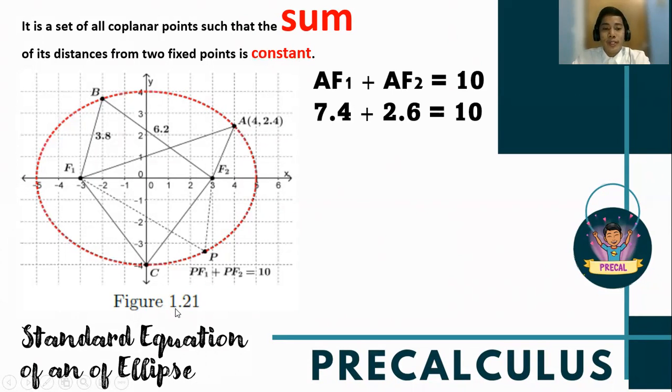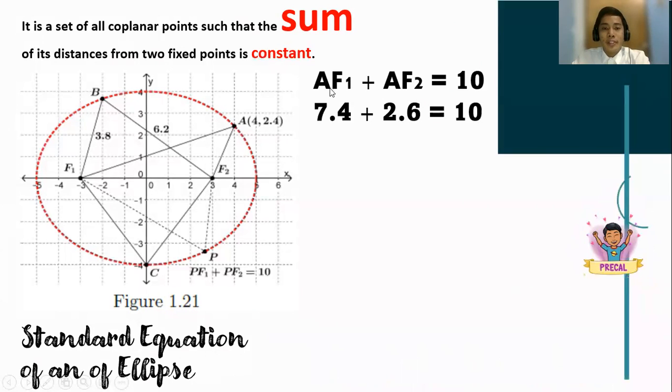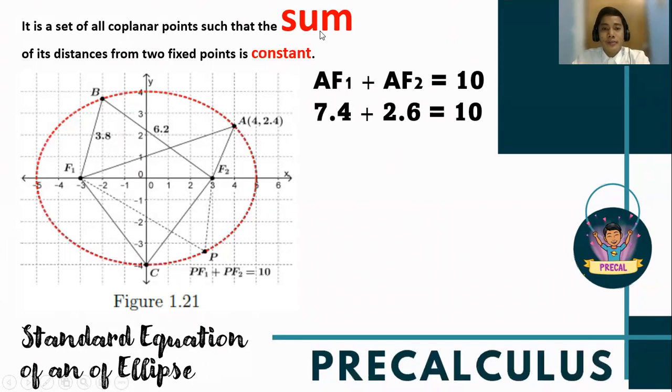Look at figure 1.21. Observe the distance from the foci to a point A with coordinates (4, 2.4).